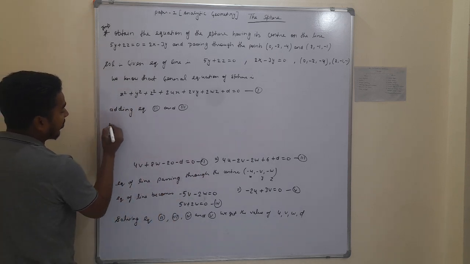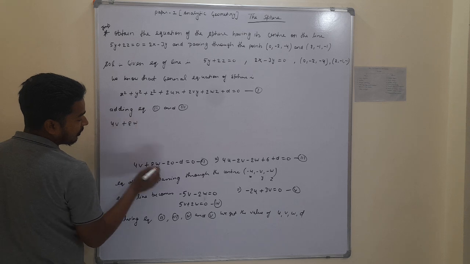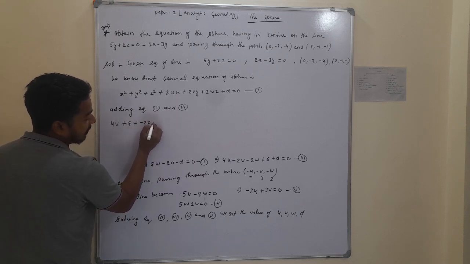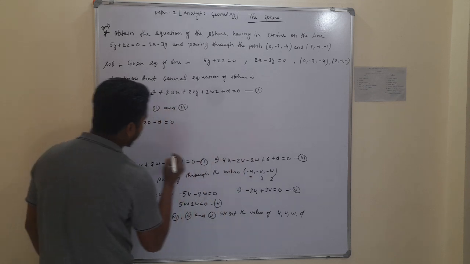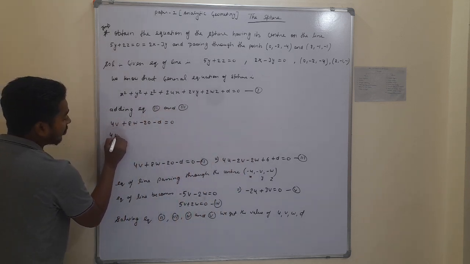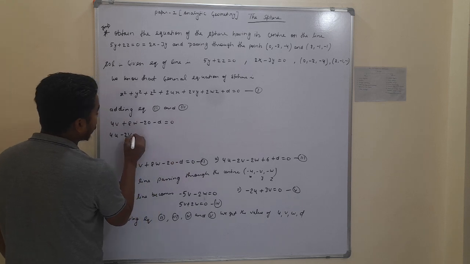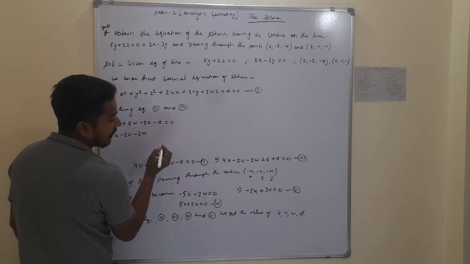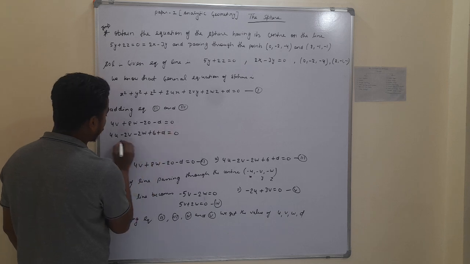Equation second is given by 4v plus 8w minus 20 minus d is equal to 0. And equation third is given by 4u minus 2v minus 2w plus 6 plus d is equal to 0.